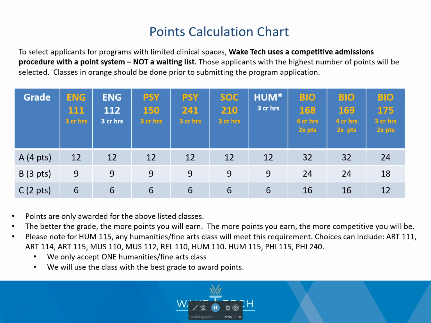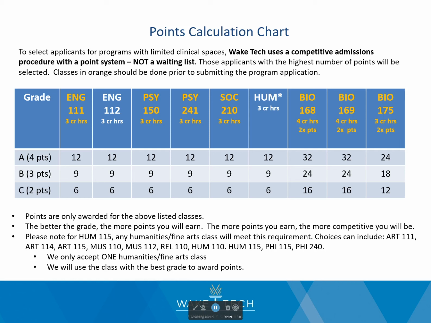And then you have Biology 168 and 169. That's your A&P 1 and A&P 2. And you have your Biology 175, which is microbiology. So the 7 classes in orange have to be done. Now the humanities and the English 112 don't have to be completed to apply, but they are worth points.